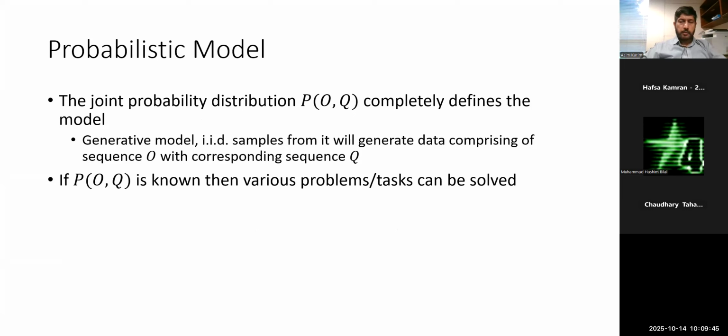So the general probabilistic model is that you have a probability distribution over the two sequences O and Q, P(O, Q). If you know this probability distribution, then obviously you can solve many questions.